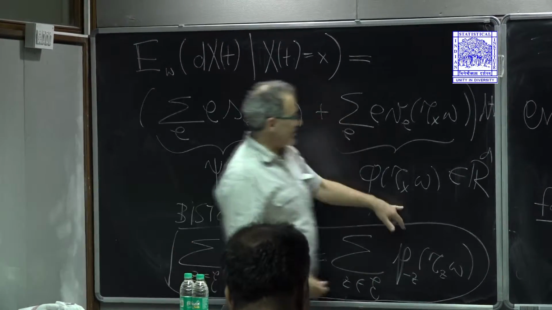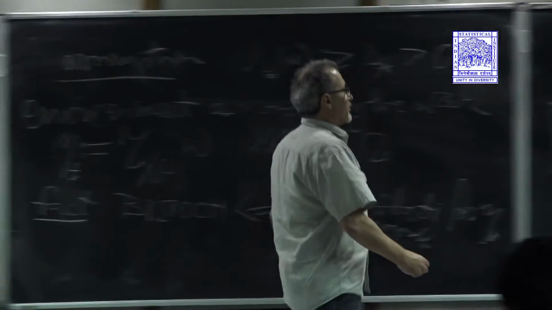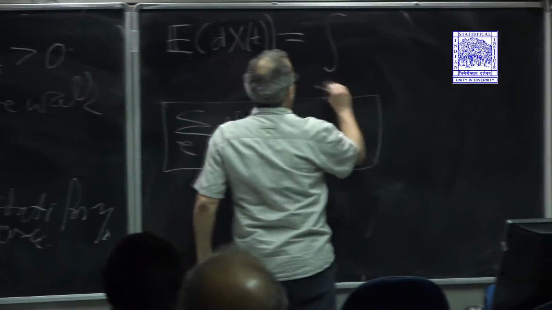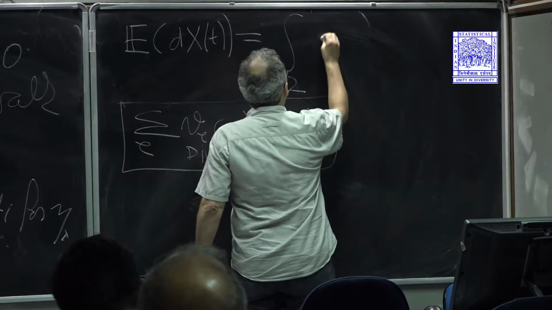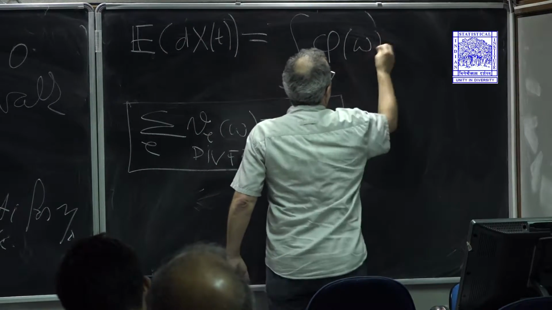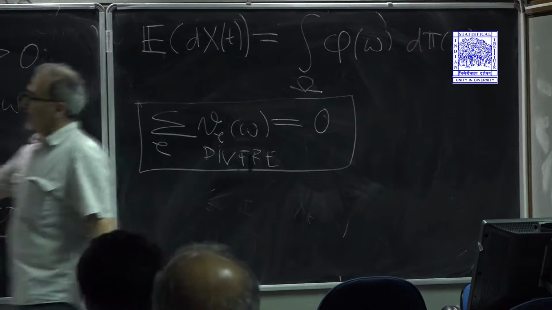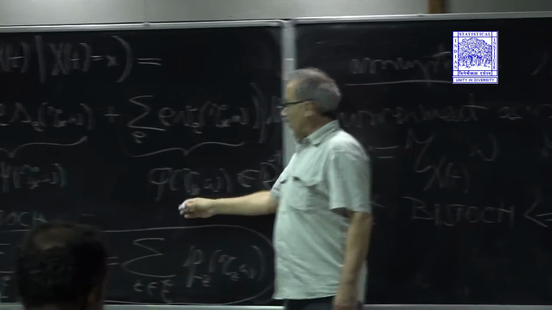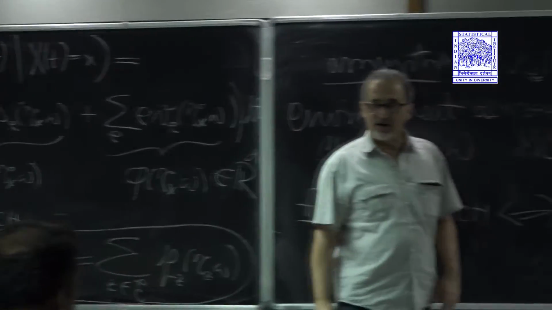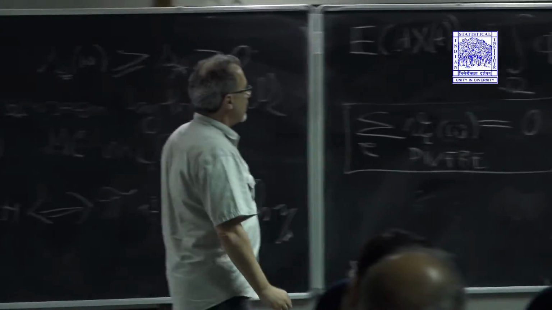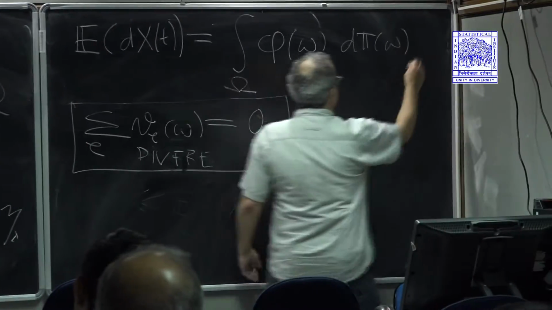It's about the integral on omega of phi of omega d pi of omega from that formula. So integrate out. This is the quenched. Integrate out, use translation invariance, and you get this one. Now I want this to be 0.